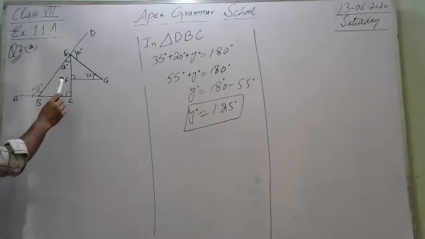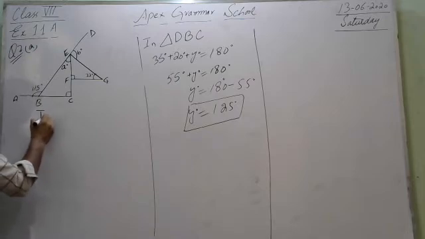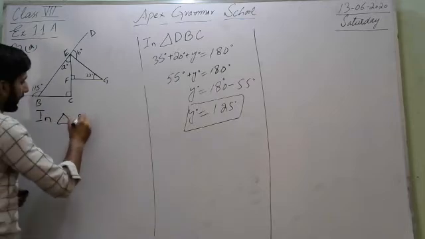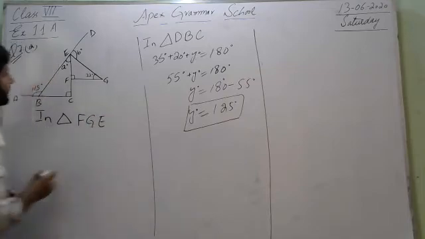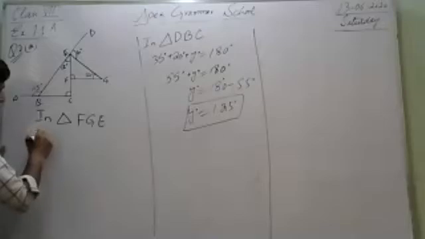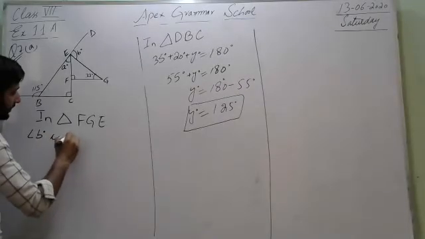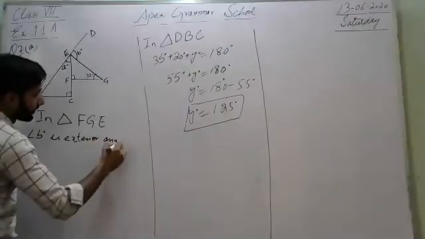For the triangle F, G and E, in triangle F, G, E, angle B is the exterior angle.